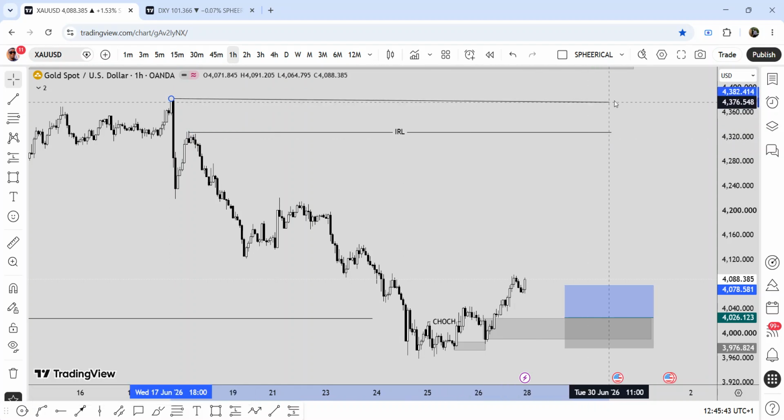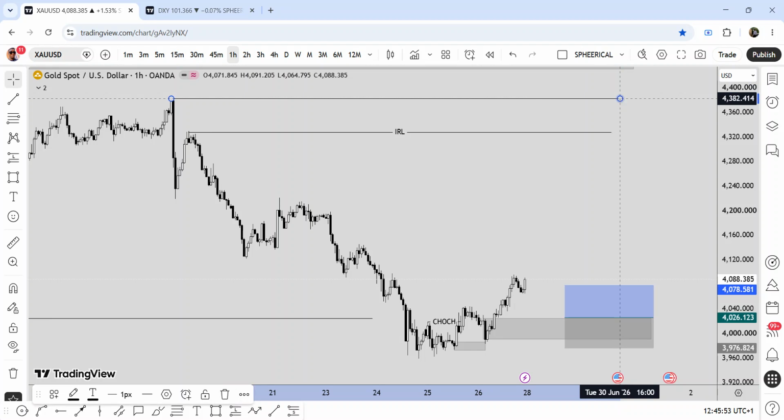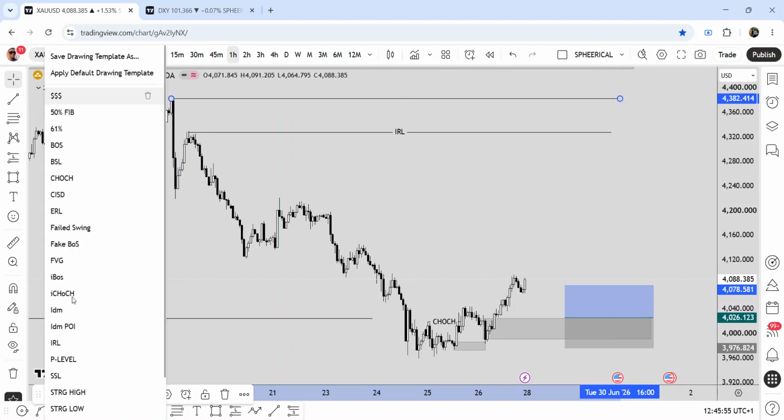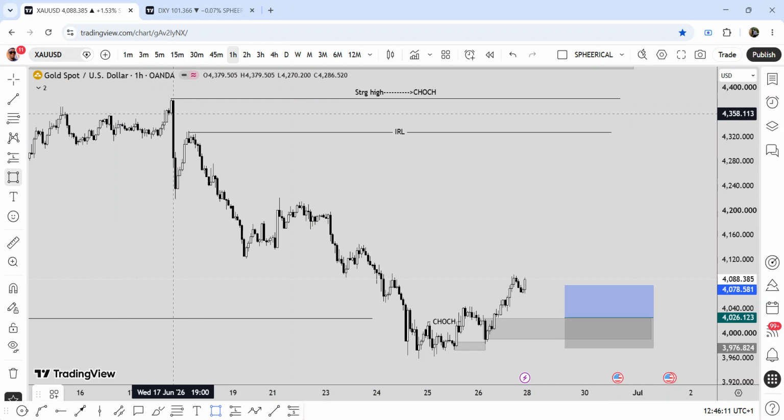But we are not going to take any aggressive entry in this zone, because even though it has a surprise zone and also a valid order block, me personally, I'm not going to take any aggressive entry in that zone, because I'm not an aggressive entry trader. I always like to take my trade with confirmation all the time.